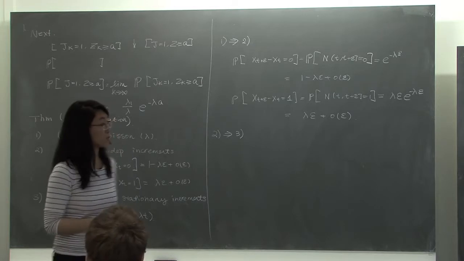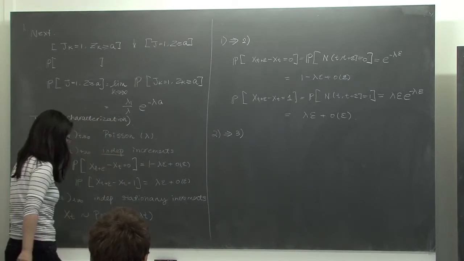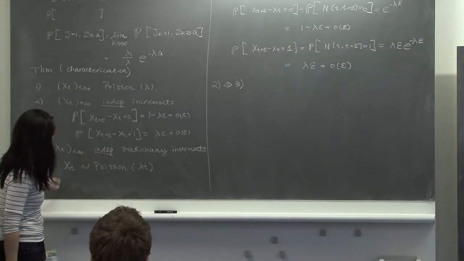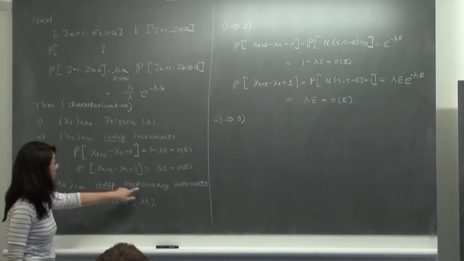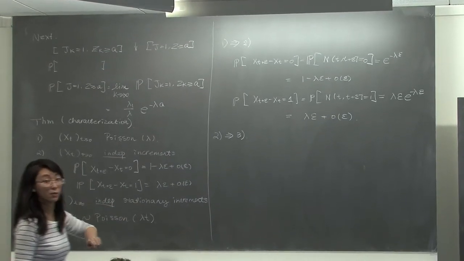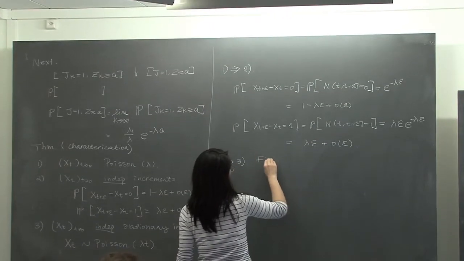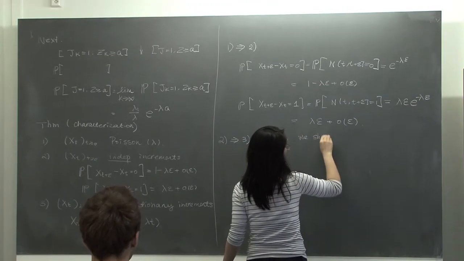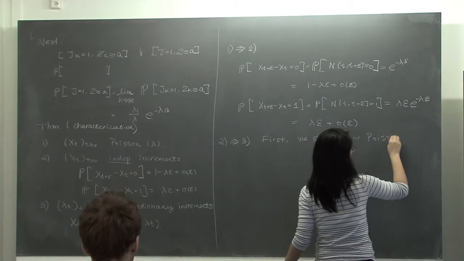And then from 2 to 3. We already know that this process has independent increments. Now we will first show that Xt has the right law, and then show that it has stationary increments. So first, we show that Xt has the right law.